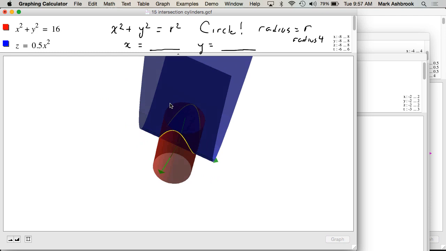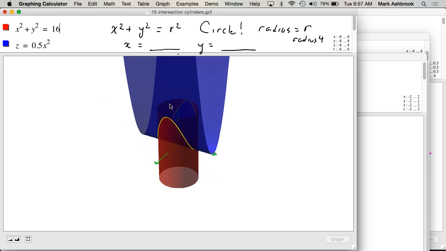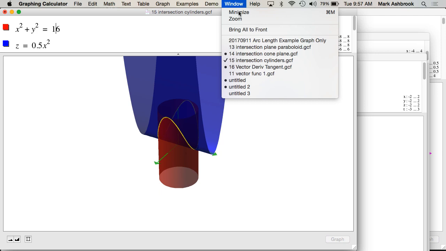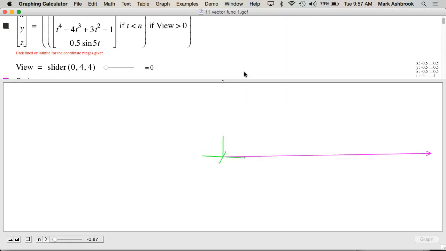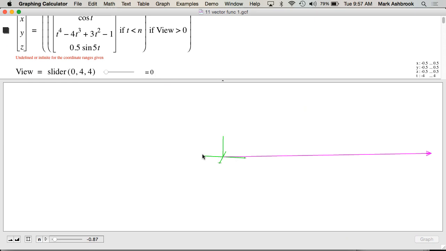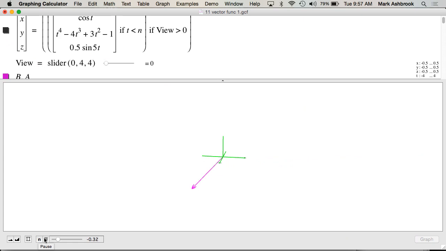Okay, so let's talk just more about vector functions. So I gave you this example before. Here's a vector function, one of my favorites. x is cosine t, y is this polynomial, and z is 0.5 sine 5t.